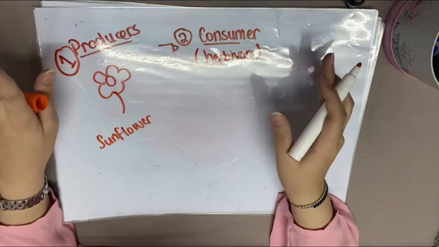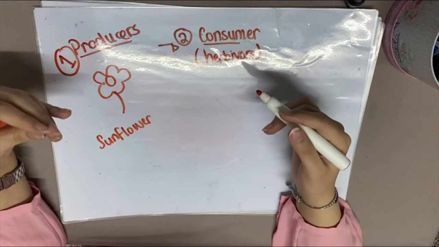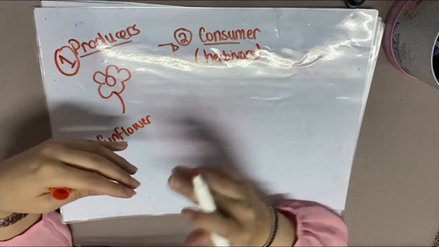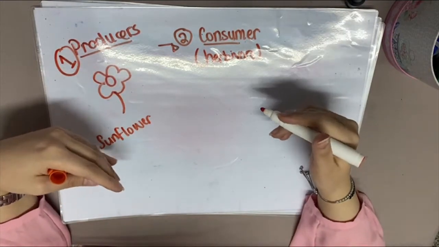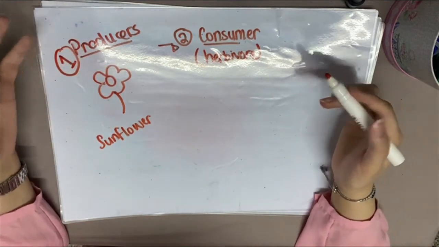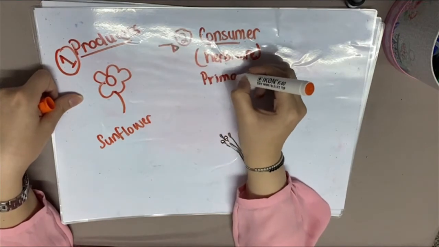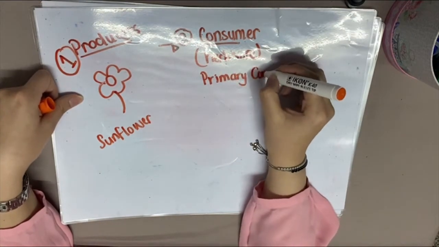Let's think of it. When an animal eats a plant, some of the energy that the plant captured from the sun is transferred to the animal's body, where it's used for things like movement, eating, and growing. An herbivore is called a primary consumer as well, because it is the first consumer.